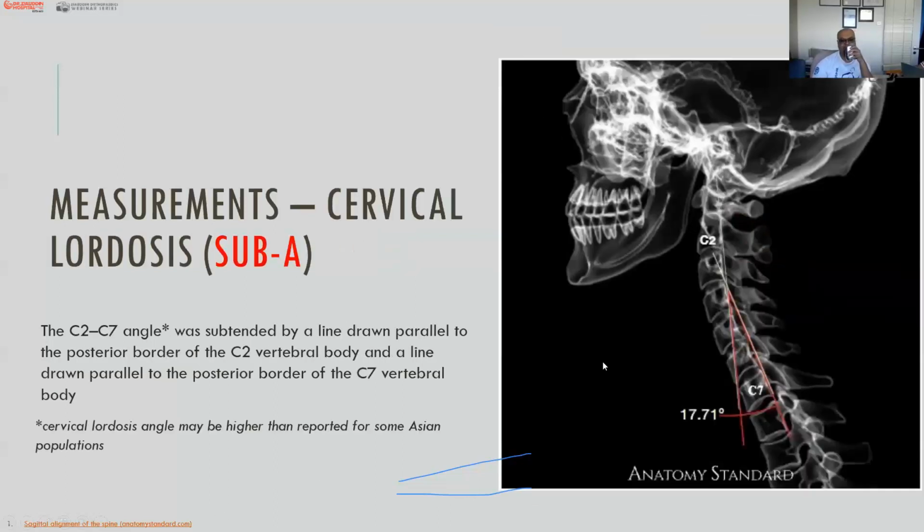The subaxial angle, which is from C2 to C7, forms the rest of the cervical lordosis, and it may be between 15 to 20 degrees. So roughly 50 to 60% of the cervical lordosis is at C1-C2. The rest is in the subaxial spine.